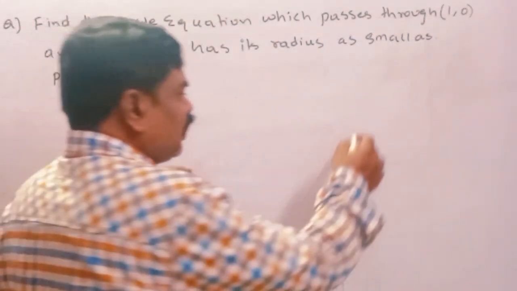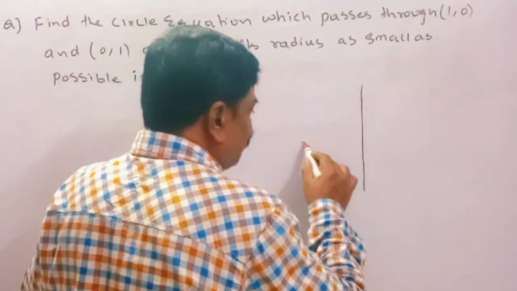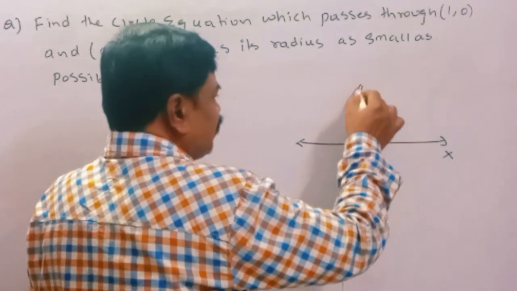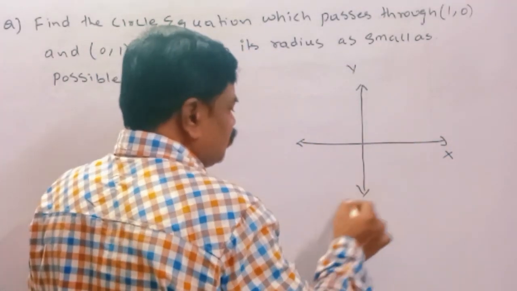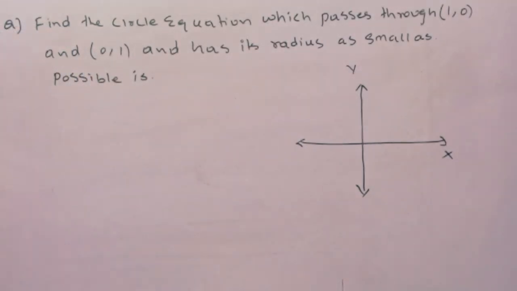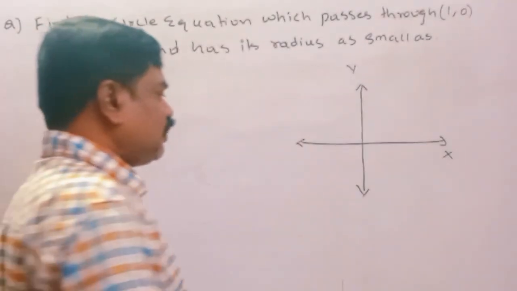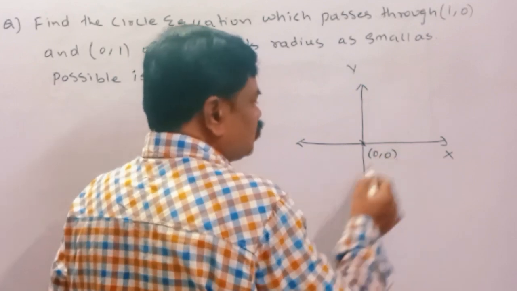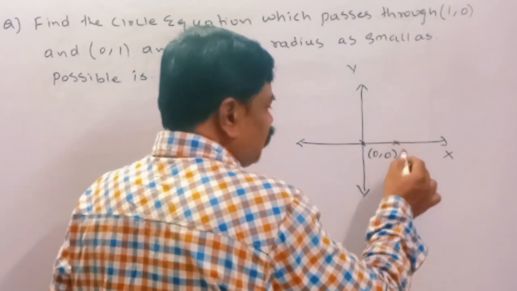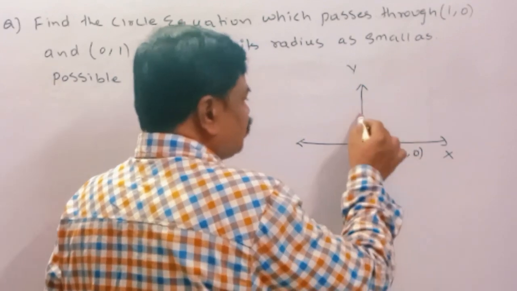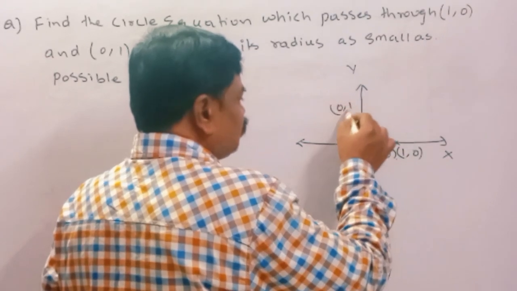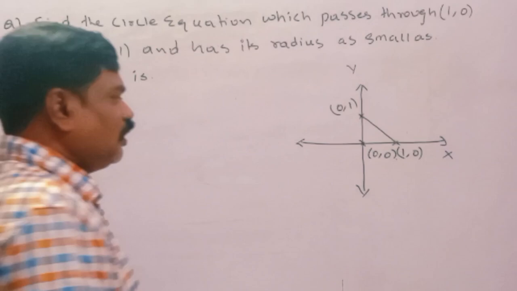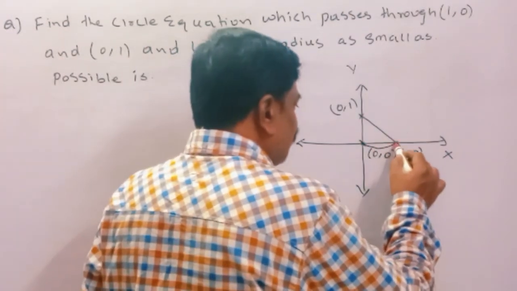Here, this is the x axis and y axis. The y axis is the vertical line and the x axis is the horizontal line, intersecting at the point 0 comma 0. This is the point 1 comma 0 and this is the point 0 comma 1. This is the diameter of the circle, and the circle passes through like this.